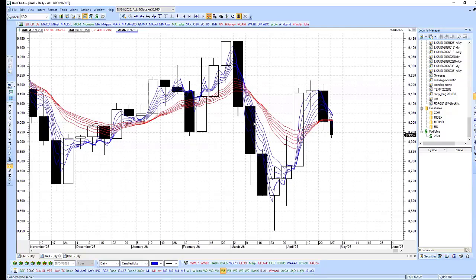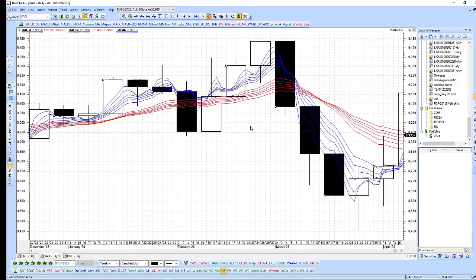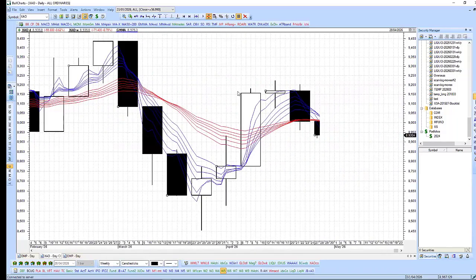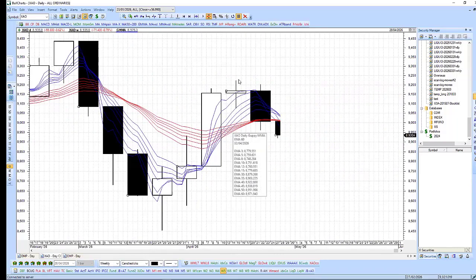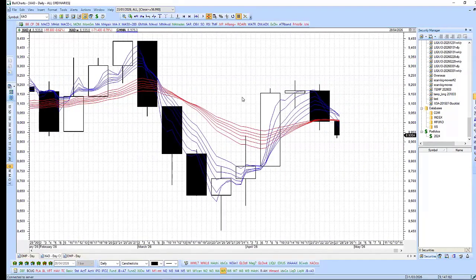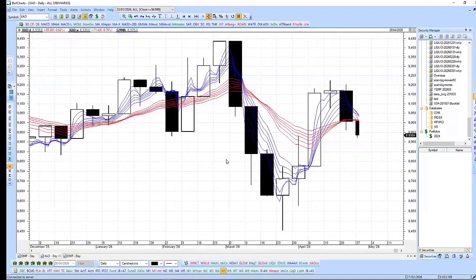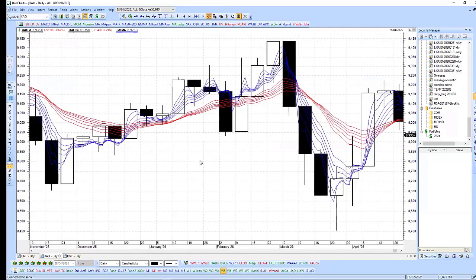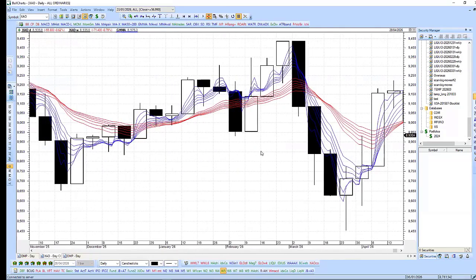But I use that to calculate the GMMA. The Guppy multiple moving average here is calculated based on daily prices for the index, and the candles are actually weekly candles. And I found this a good combination to give me a good insight into whether the trend is a good, healthy trend or not.